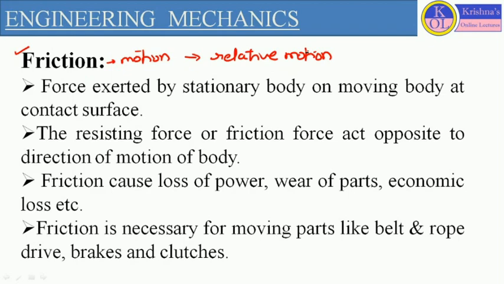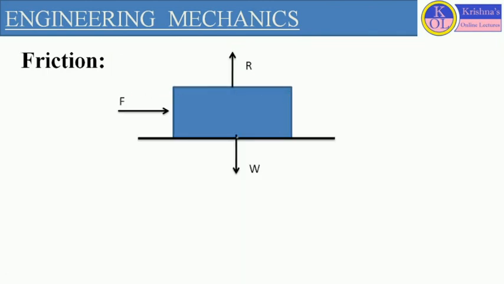And if we consider relative motion, we always define it because of an external load. Here, if you can see this particular diagram, we are considering one body placed on one stationary surface. This stationary body we consider as body 1, and this body we consider as body 2.